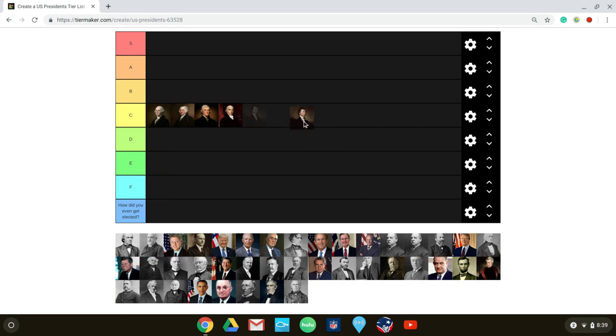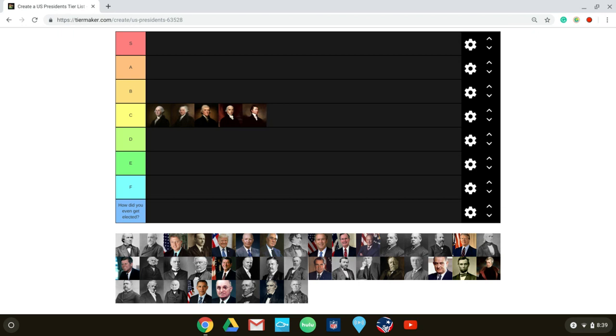James Monroe, yet another early president and Virginian slaveholder. Slavery is just such an awful institution. This has to bump them down for me. I just can't put them any higher than this, even if they did do pretty well, which in general I thought James Monroe was actually okay.